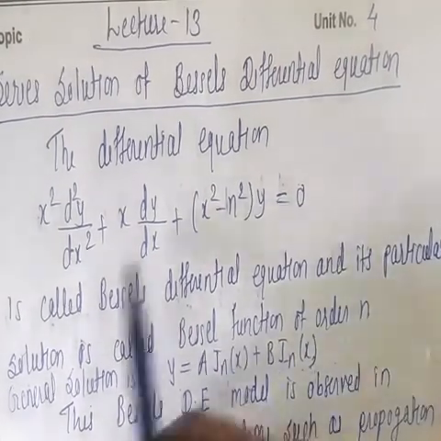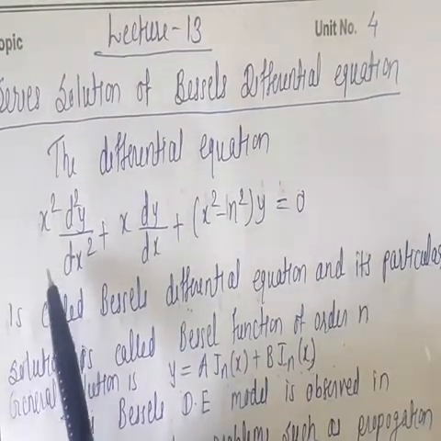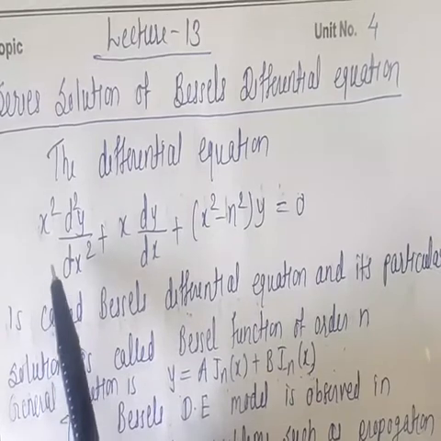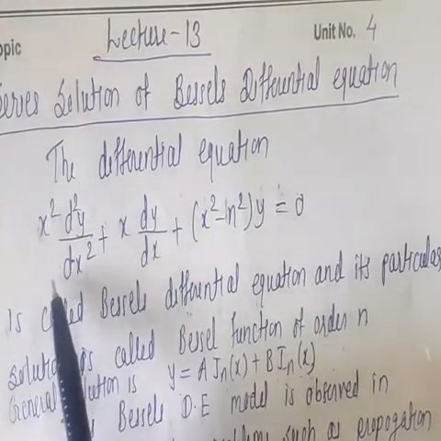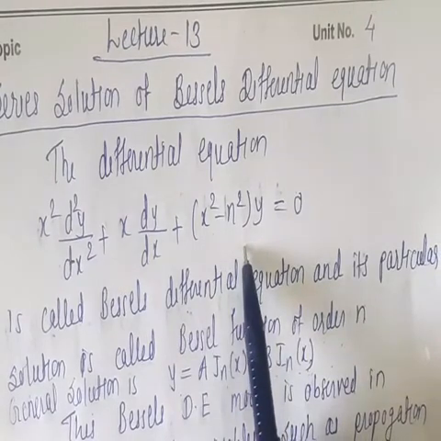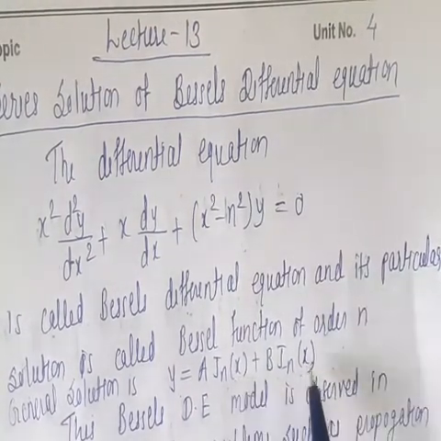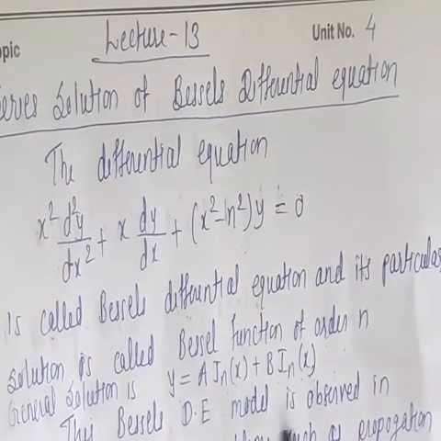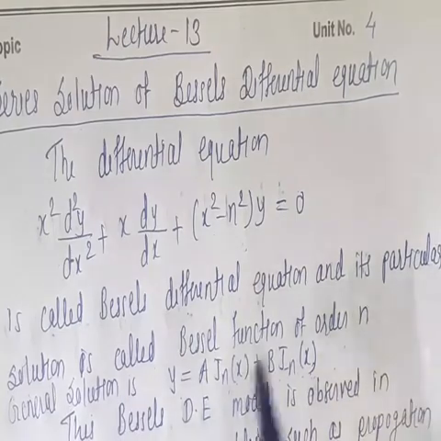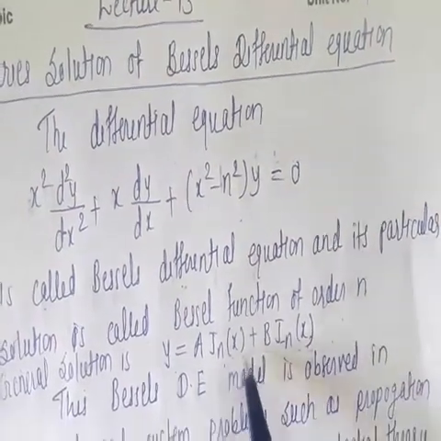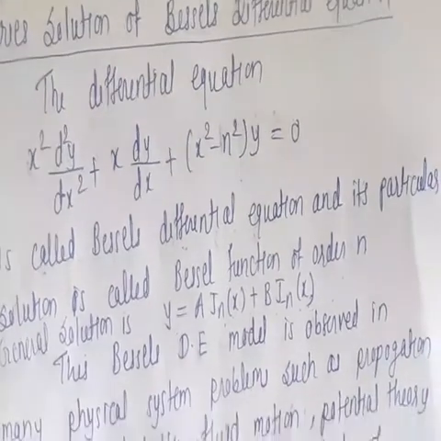Now why do we need to study this Bessel differential equation? Because in some physical systems, the mathematical modelling in the form of a differential equation gives such an equation, and at that time the solution is always in the form of J n of x and J of minus n of x. To find out what J n of x and J of minus n of x are, we will see in the solution part.